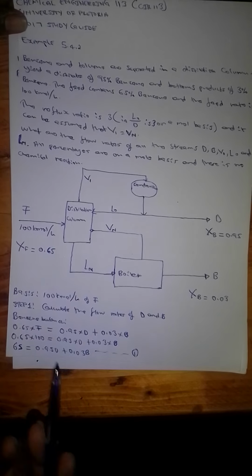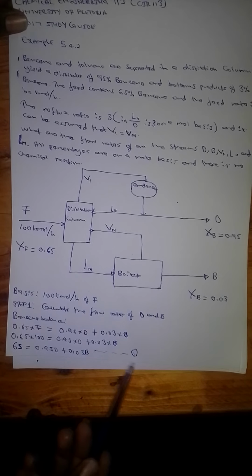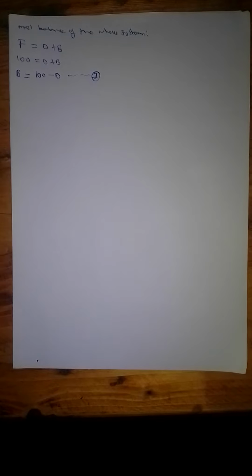So with that said, now that we have two equations and two unknowns, the first equation came out of the benzene balance, and the second one is the mole balance of the whole system. We can actually make a simultaneous solution, and then we can get the values of B and D.